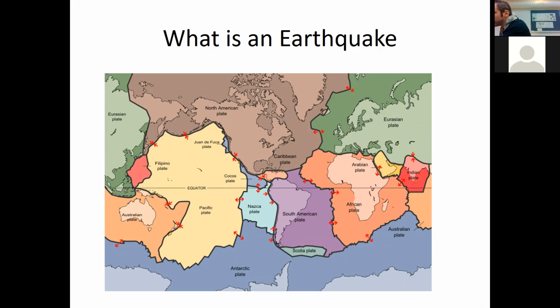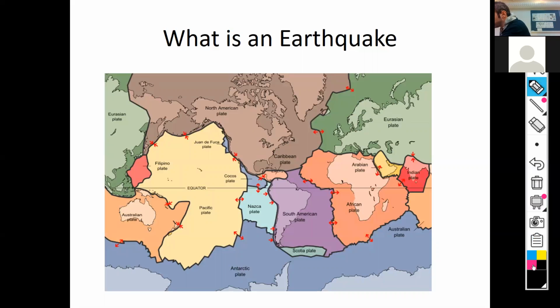In some parts, they are moving away from each other, normally in the ocean floors. But in some parts, they are moving towards each other and colliding.